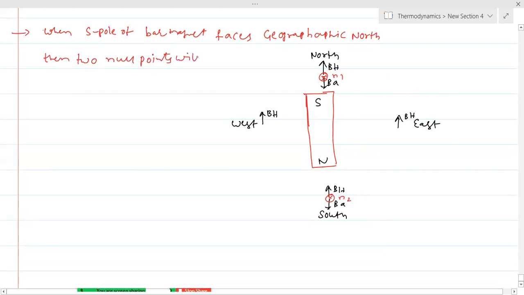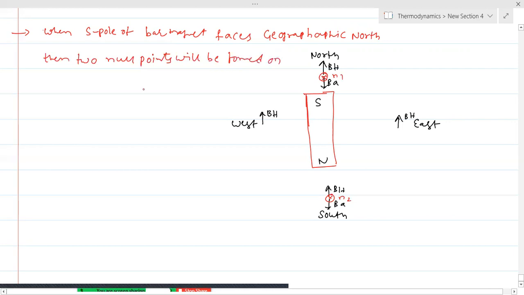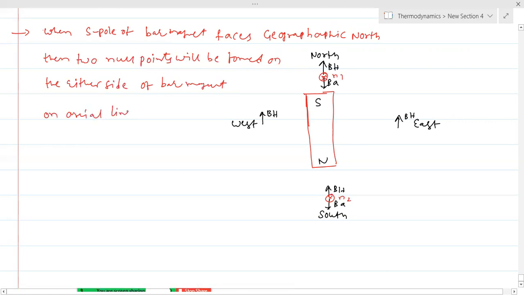The two null points will be formed on either side of the bar magnet on the axial line at a distance small d.